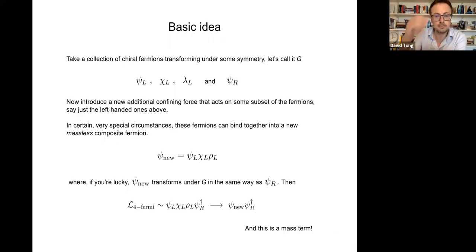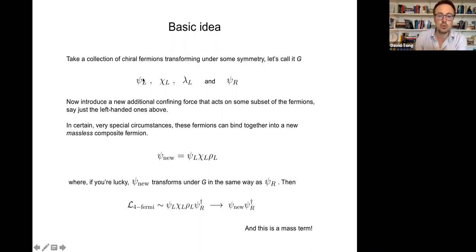All right. Here in more detail is how it's going to work, and then we'll actually do a proper example. So take a bunch of chiral fermions. I'll give them all different names. There's a bunch of left-handed fermions, a bunch of right-handed fermions. They transform under different representations of the symmetry group G, so I can't put any pair together to give them a mass.